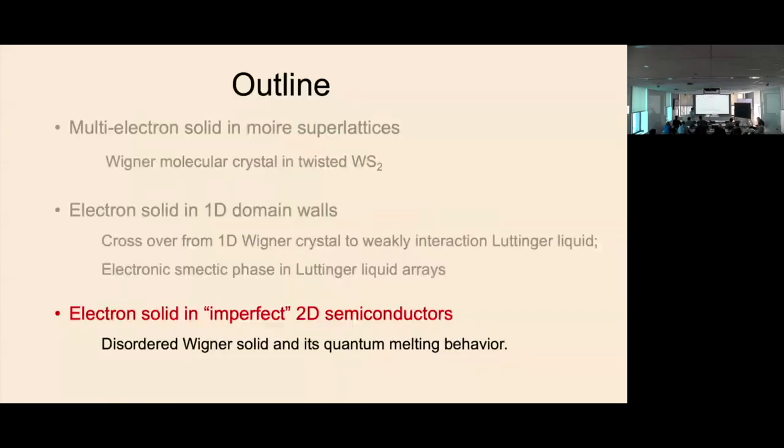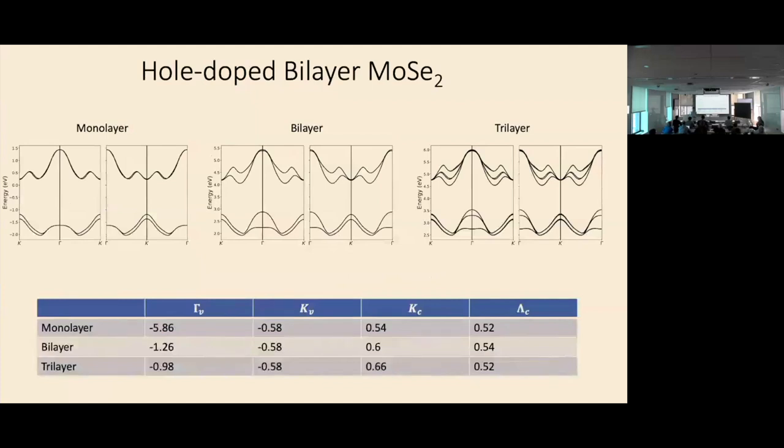Okay, so lastly we'll go back to the supposedly simplest case, where you don't have any periodic potential in the system. If we have only a simple 2D system, when we dope the electrons, what will the original Wigner crystal look like?